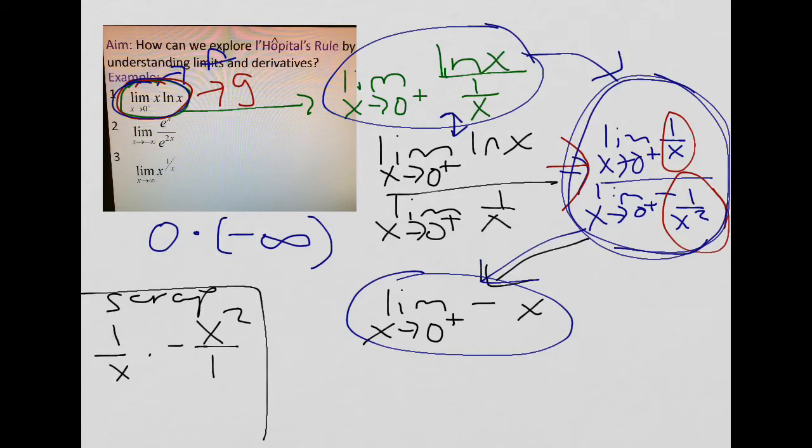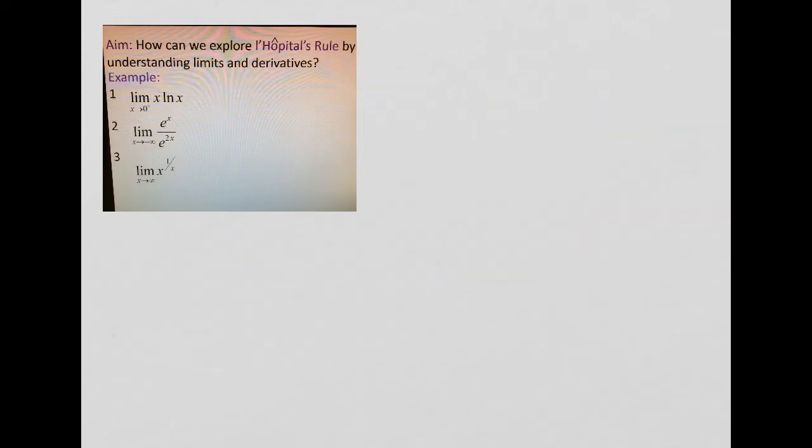At this point, it will work to find the limit because we can use direct substitution and we get 0. So that's the answer to our problem. Let me know if you have any questions, and let's take a look at the second one.